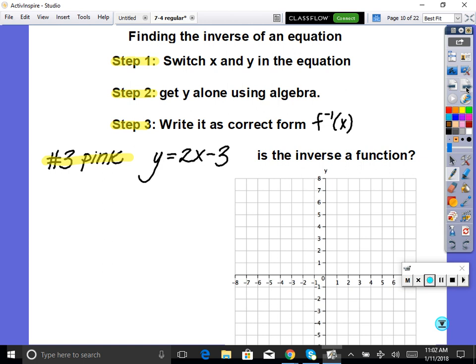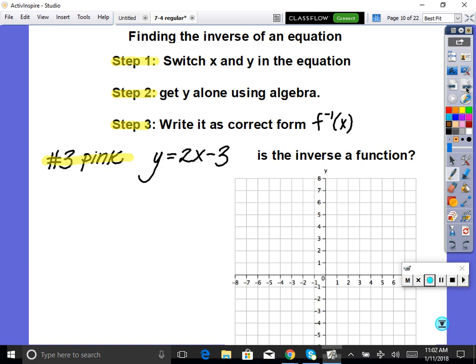First, you take and switch x and y. Originally it was in the form y equals a function, so you'll literally just switch x and y. Second, we want to get it back into y equals form so that it's a function again. After we switch x and y, we'll solve for y using algebra so we can get it back in y equals format.